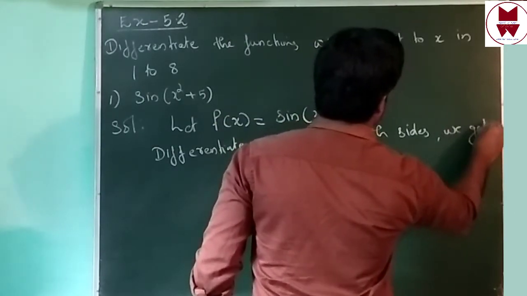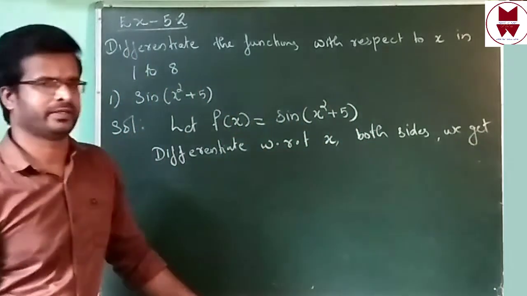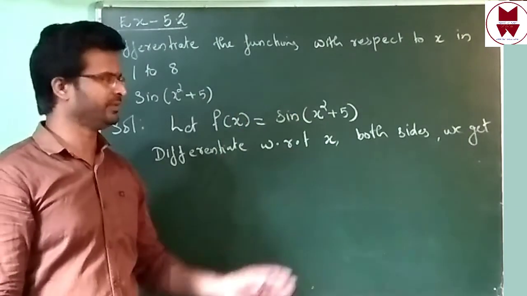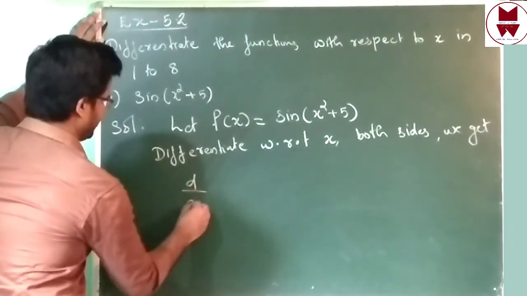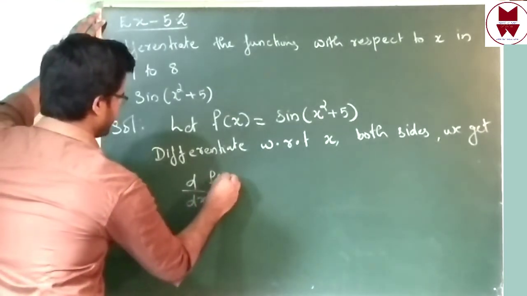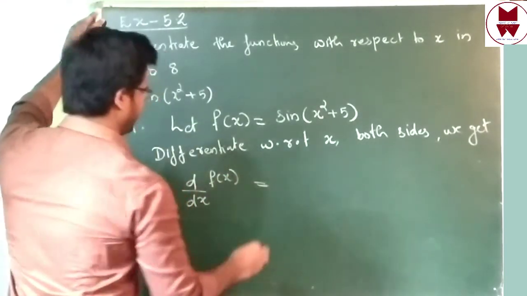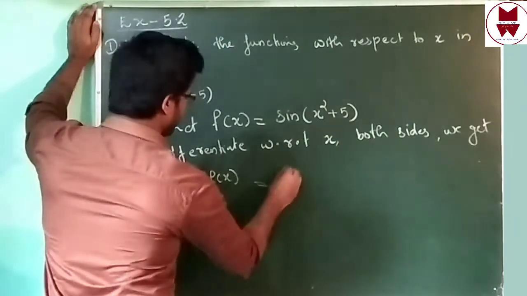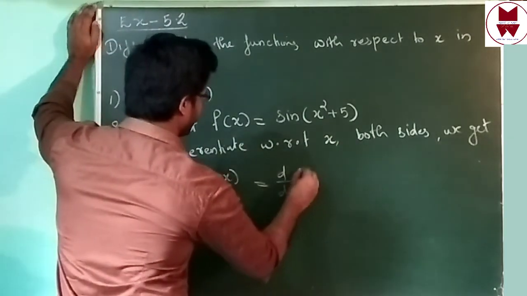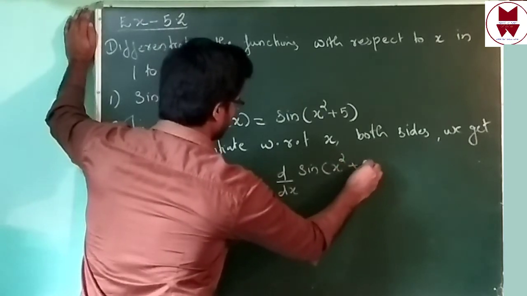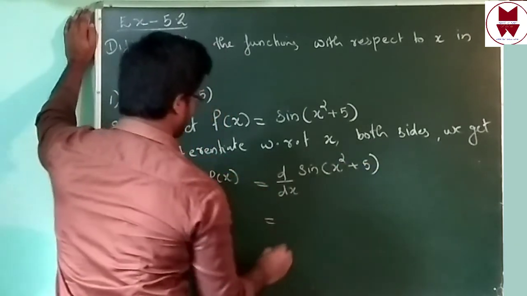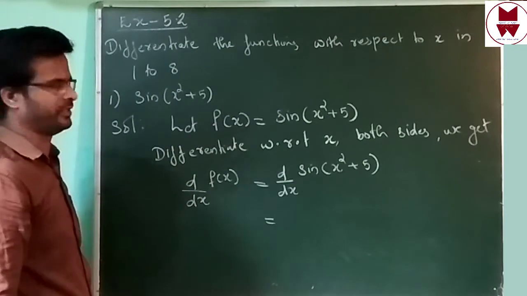We are going to differentiate both sides with respect to x. At that time we can write d by dx of f of x equal to d by dx of sine x square plus 5. On the left side, no need to do anything.